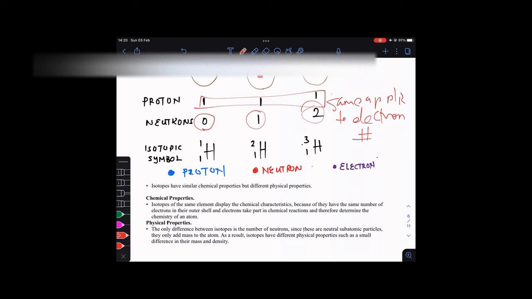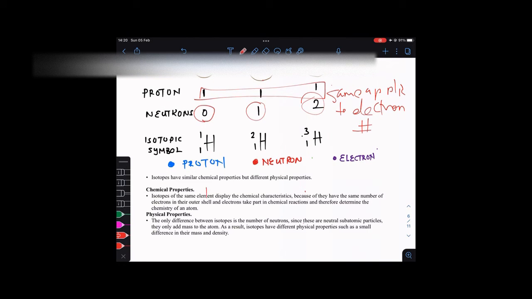Isotopes have similar chemical properties but different physical properties. For chemical properties, for every isotope the number of protons and electrons are the same. From our diagram, this is our nucleus where protons are, and these are electrons.